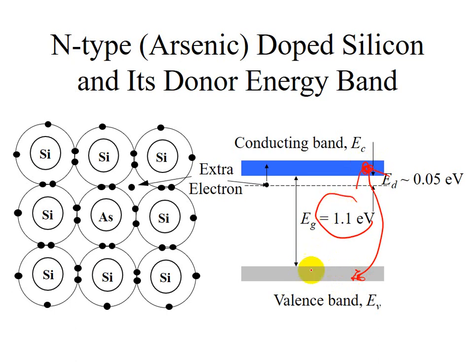So when temperature increases, the probability of electrons jumping to form electron-hole pairs will increase. But since the gap is 1.1 electron volt, quite a large energy difference, compared to the donor level which is about 0.05 electron volt next to the conducting band.